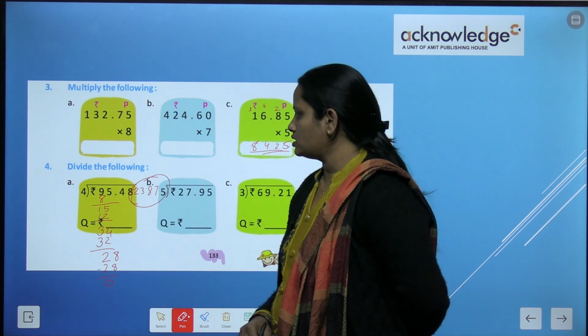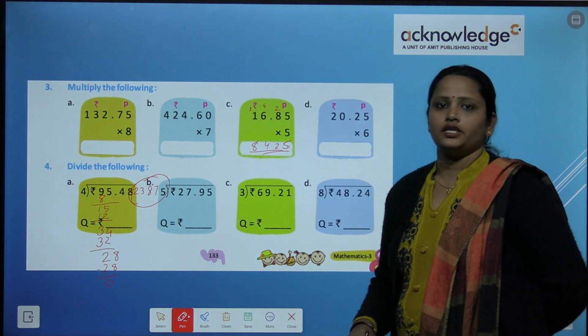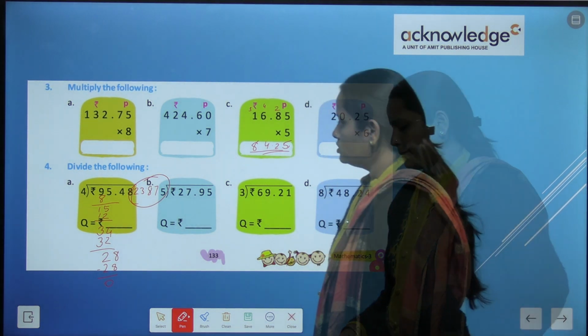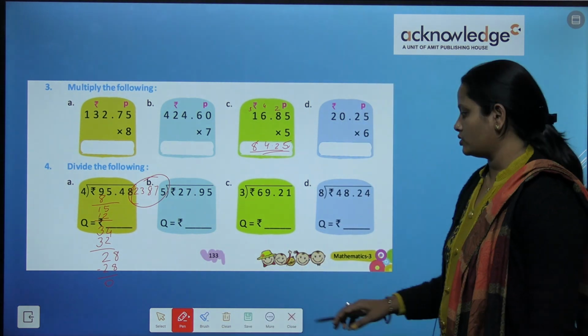So the answer is 23 rupees and 87 paise. So children, like this you have to do the rest of the questions.